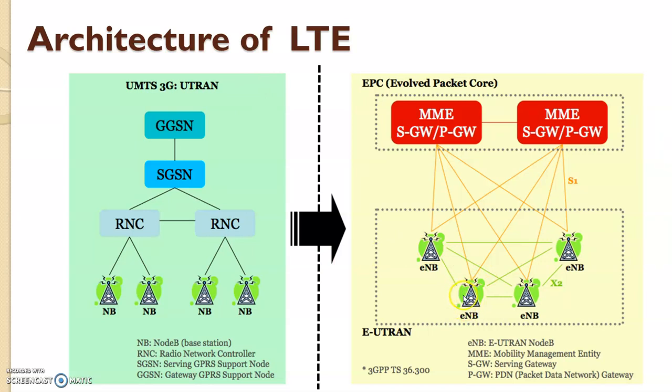Each eNB is a base station that controls the mobiles in one or more cells. The base station that is communicating with a mobile is known as its serving eNB.